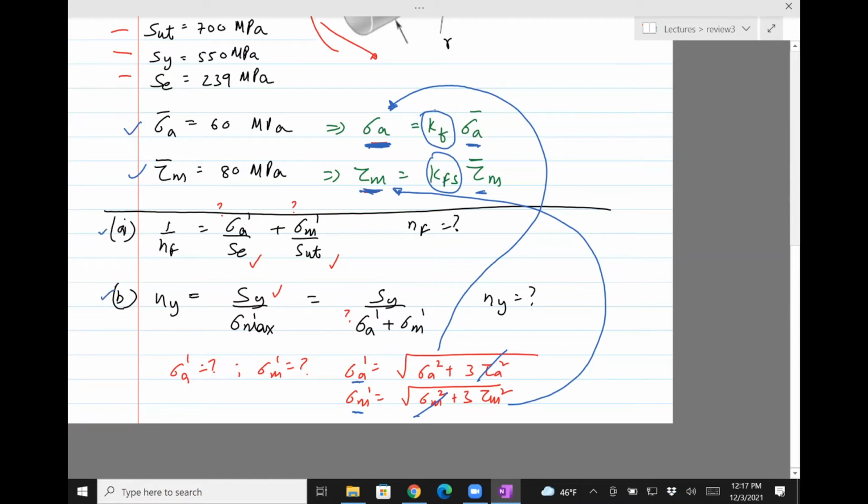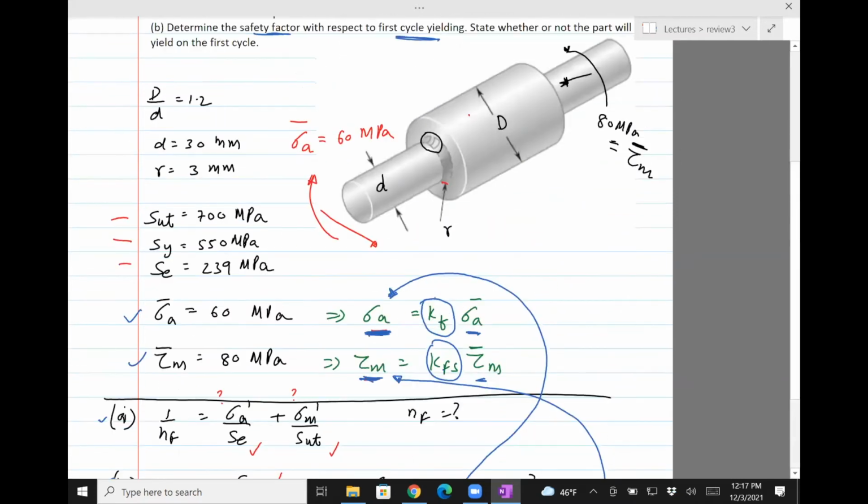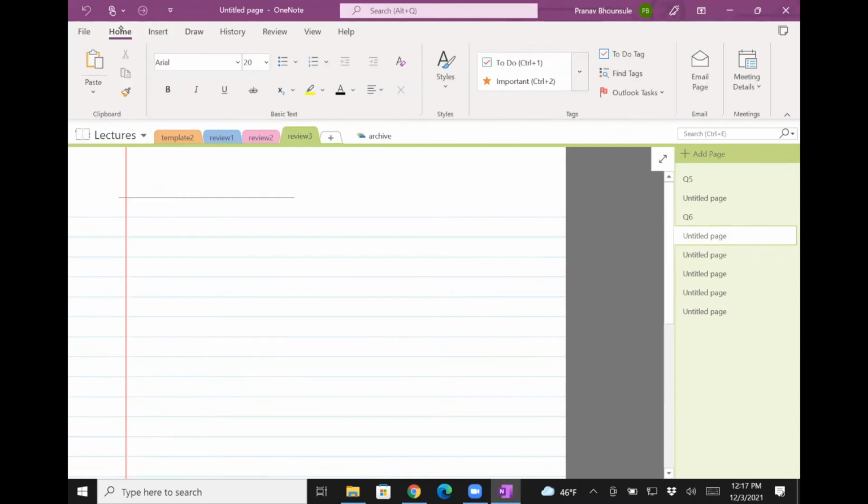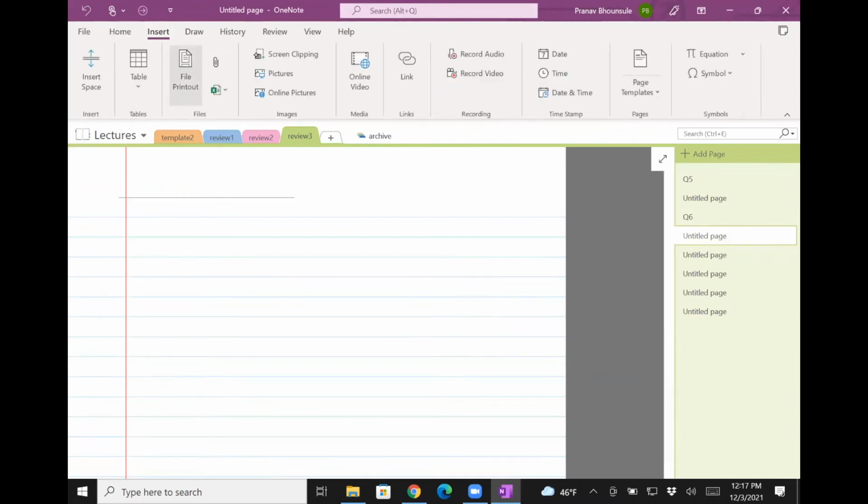So in reverse. Let's start off with Kf. To find Kf, we need to find the stress concentration factor due to this geometry. That's something which will be given. In this case, I have the relevant stress concentration factor due to the fillet.